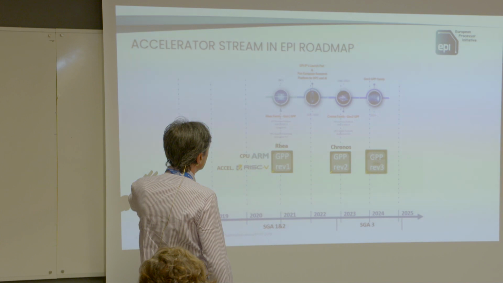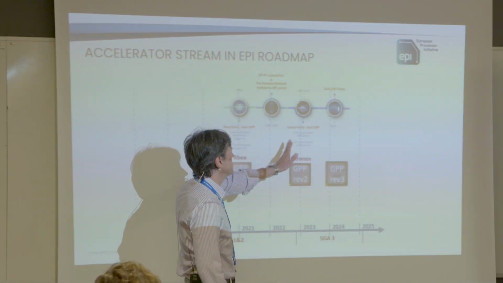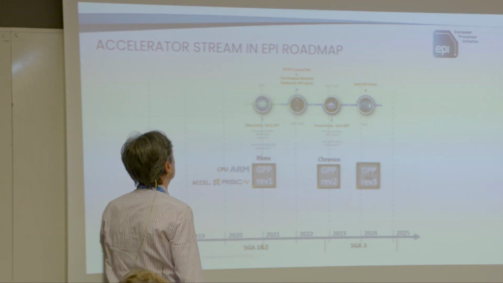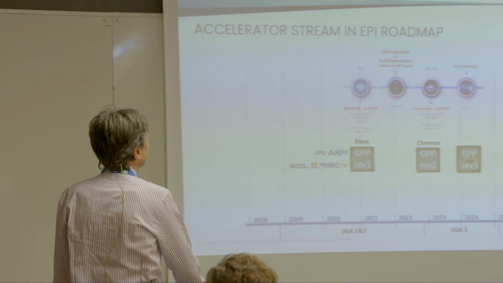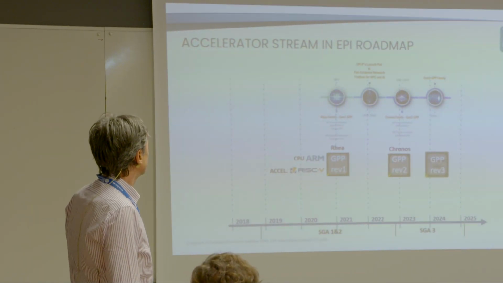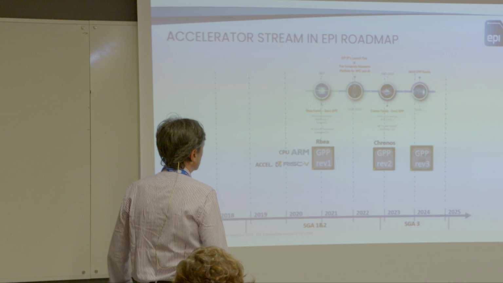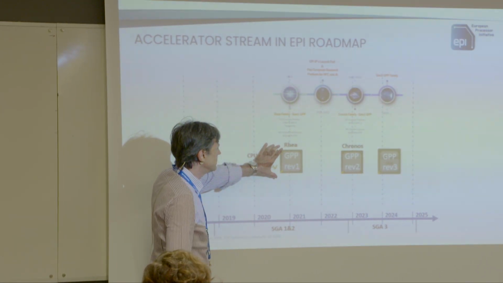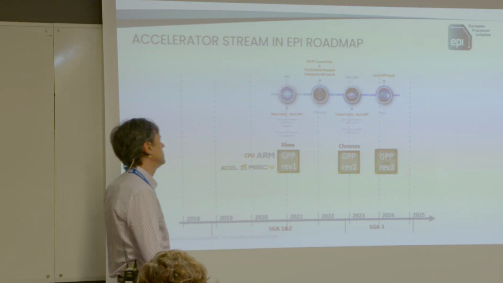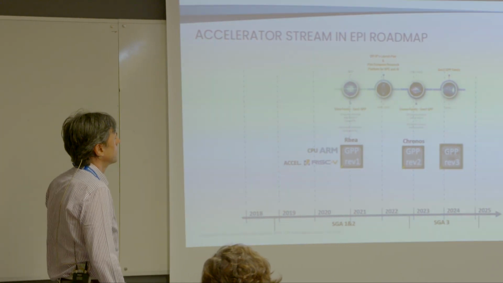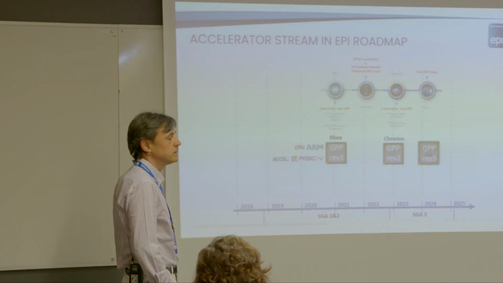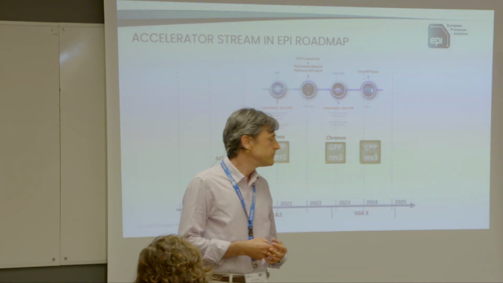You see, these are the steps that are expected to regulate the development of this project. The first target is to tape out a general purpose chip, the first revision of that.